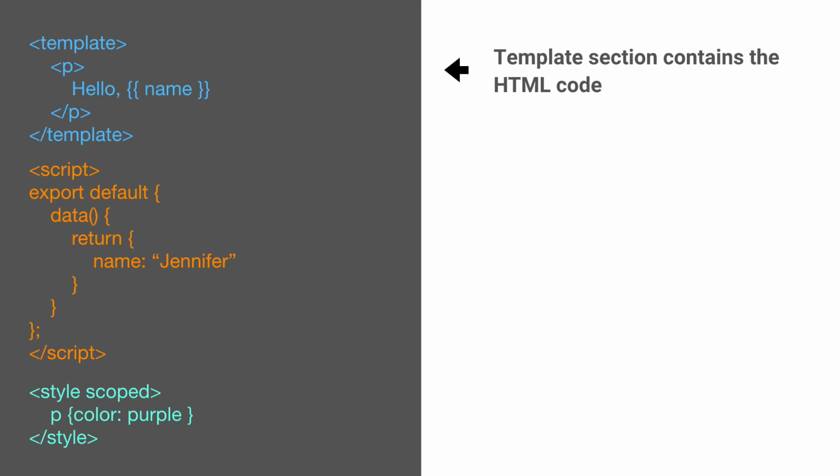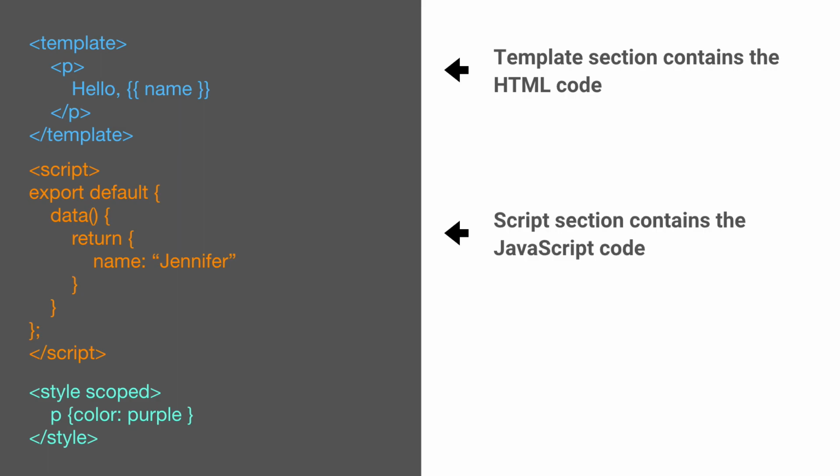The pair of curly braces around name is called interpolation. The Vue render engine will replace these braces with the value in the data object. When this component is displayed in the browser, the user will see hello, Jennifer.